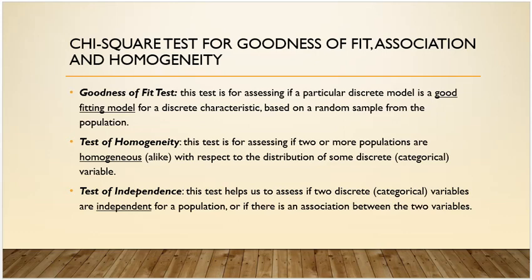Likewise, if we have two or more attributes, that is, qualitative characteristics, and we want to check whether they are related, we go for the test of independence, also called the test of association.